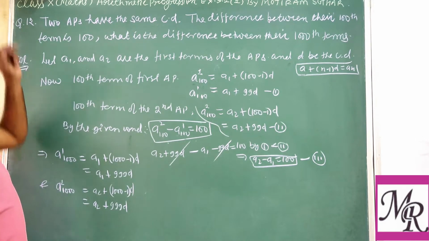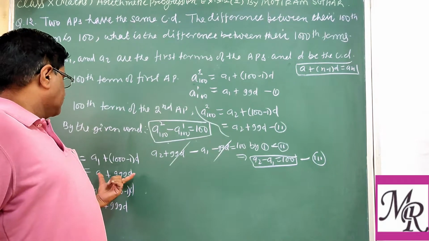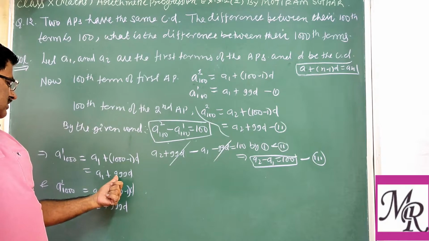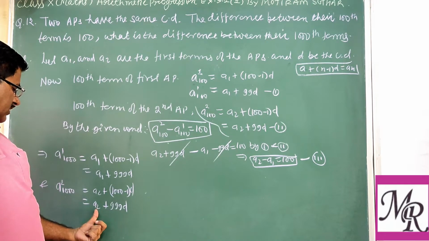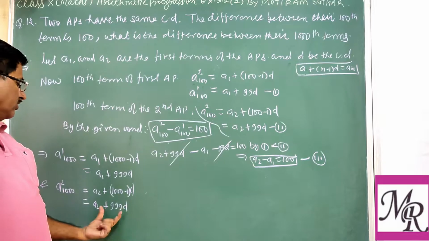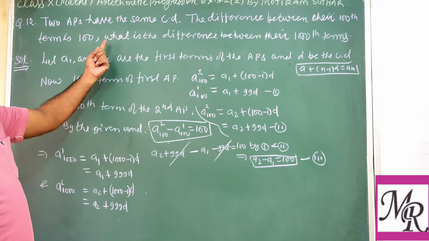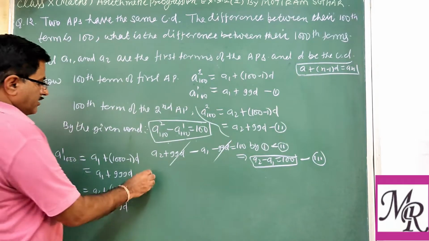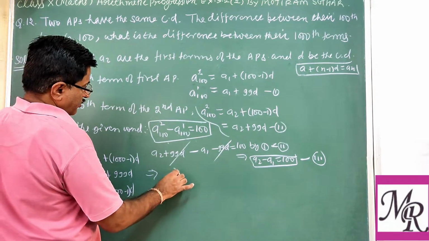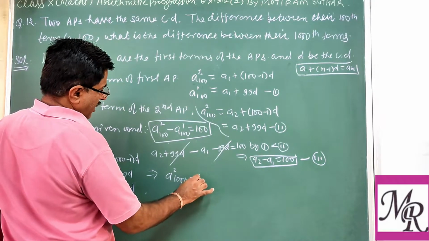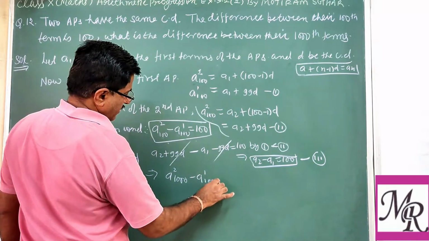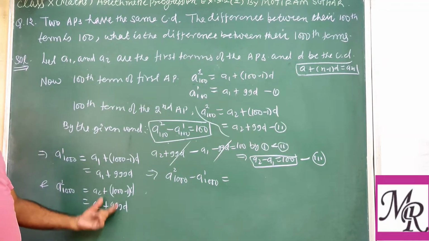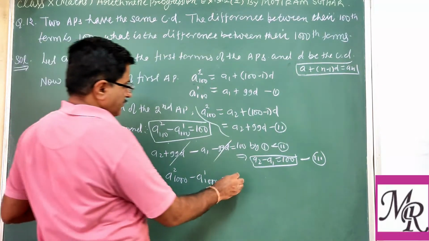So now, these are the 1000th terms of the first AP, a1 plus 999d, minus a2 plus 999d. So the difference of this. What is the difference between their 1000th terms? So we want to find the difference. Therefore, a2 1000 minus a1 1000. The difference between these two we have to find out. So subtract this, so a2 minus a1.